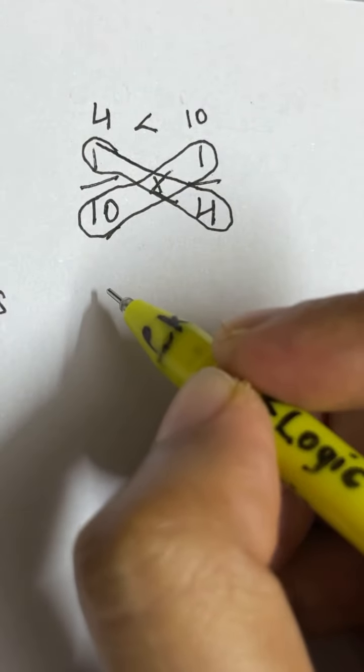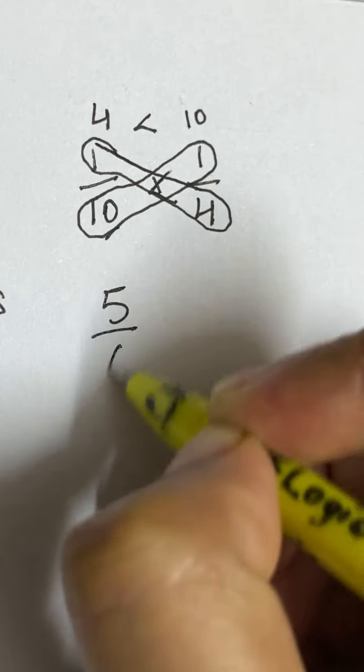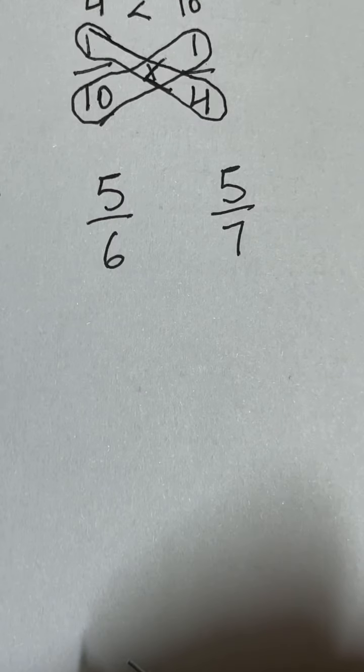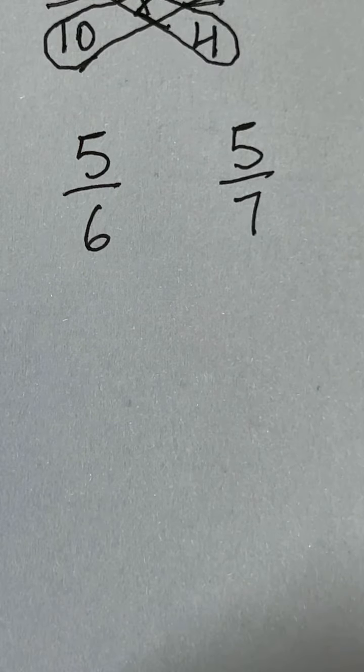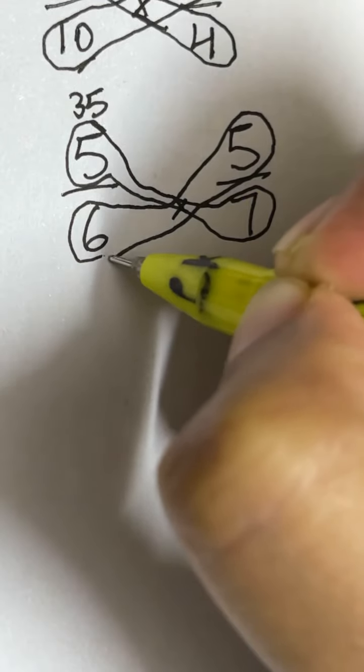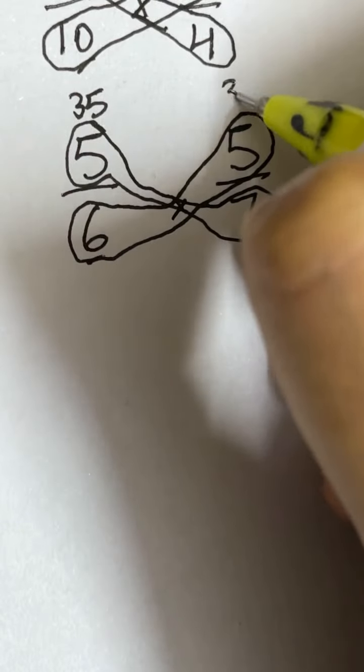Okay, let's go on and find out another example. 5/6 and 5/7. When you have two fractions like this, what do you do? You just bubble up these two and multiply. 5 times 7 is 35, so we write down 35, and then we multiply the other two: 6 times 5 gives you 30.